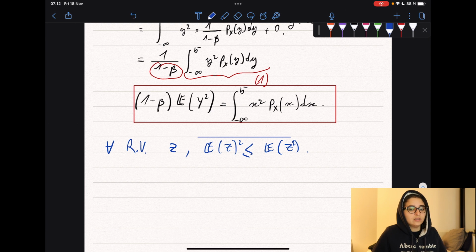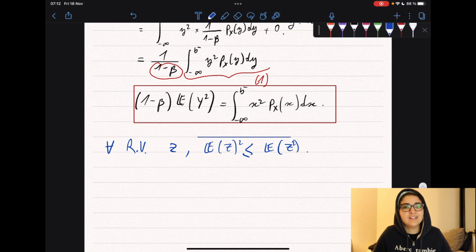And so the only reason that we have defined this probability density function y is to make it easier for us to get to some specific conclusions. That's the only reason we have to define this.